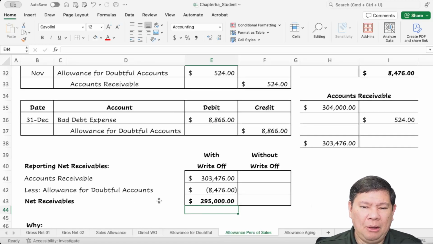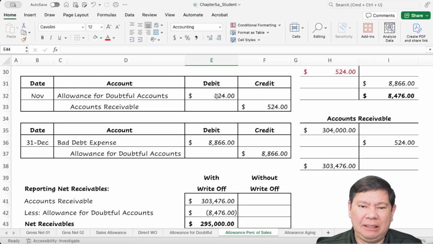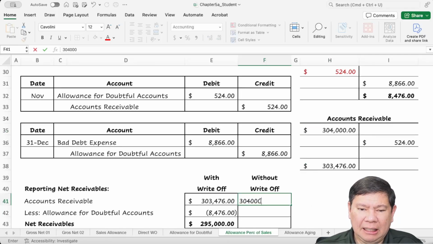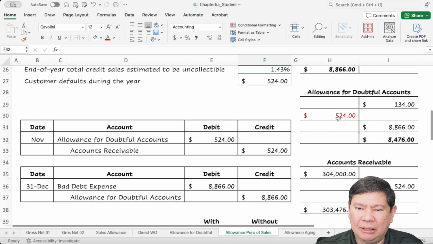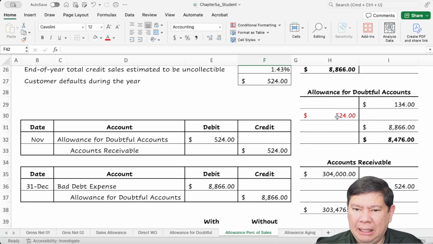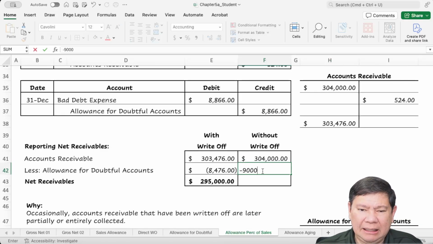$295,000. Okay, what if this write-off didn't happen? If this write-off didn't happen last year, our accounts receivable will be the total amount here, $304,000. And then the allowance without this will be, let's see, how much is it? $9,000. Okay, so we are going to deduct $9,000 here if the write-off didn't happen.